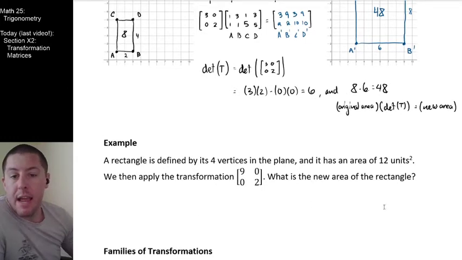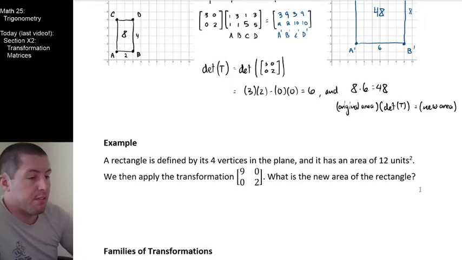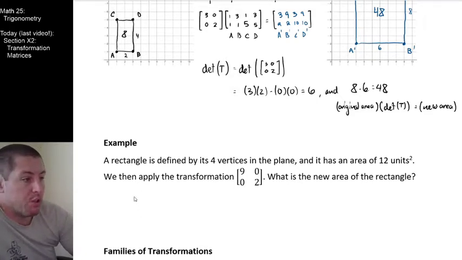A rectangle is defined by its four vertices in the plane, and it has an area of 12 square units. We then apply a transformation of 9, 0, 0, 2, and I want to know from you, what is the new area of the triangle? Well, I can just do exactly this formula that I set up for myself right here.